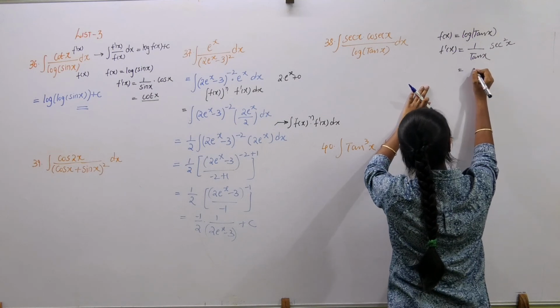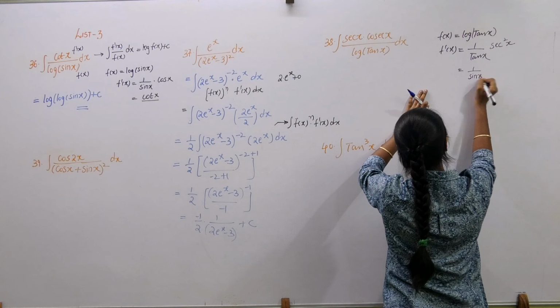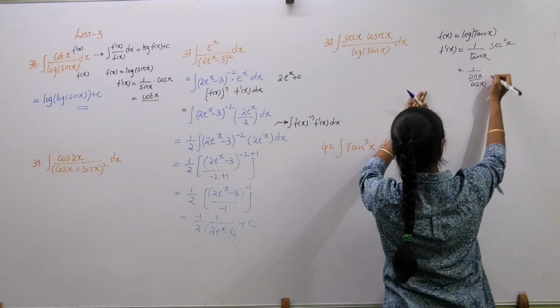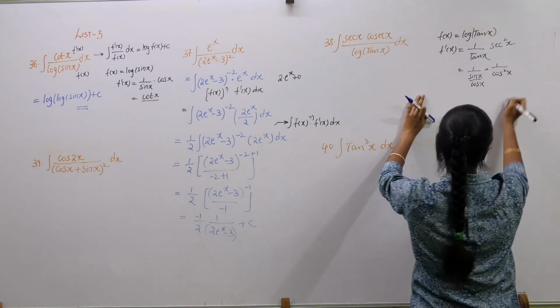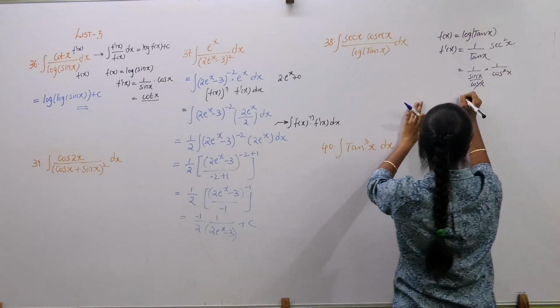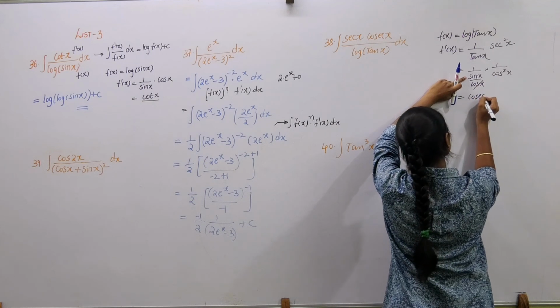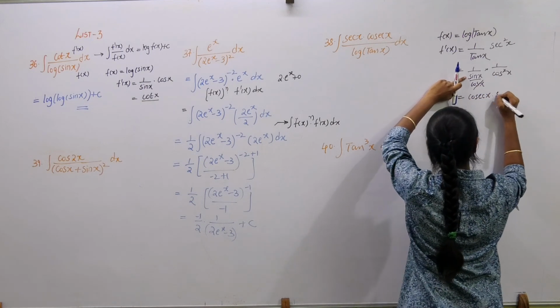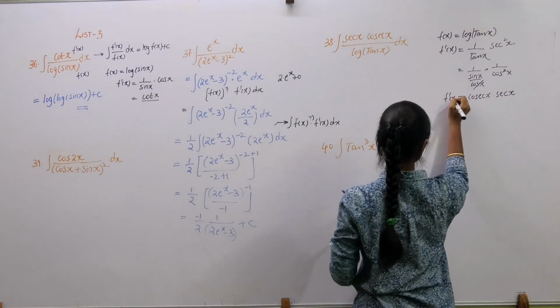We can write tan value as sin x by cos x into 1 by cos square x. One cos gets cancelled. We have 1 by sin x, cosecant x, into 1 by cos x, secant x. This is f dash of x.